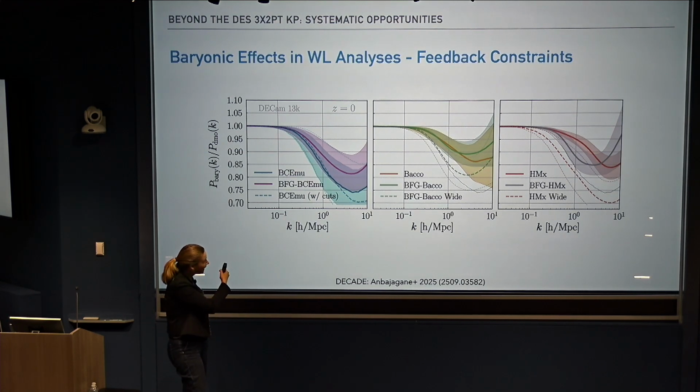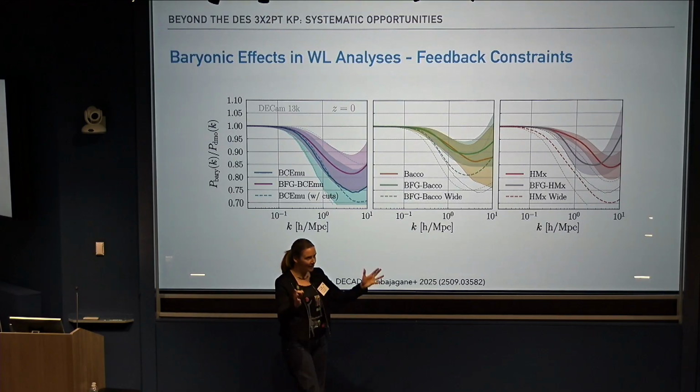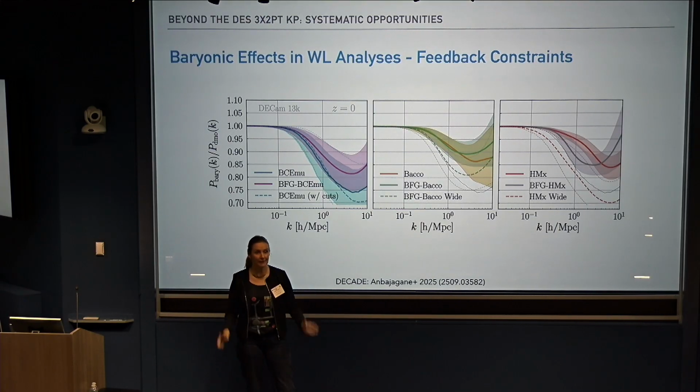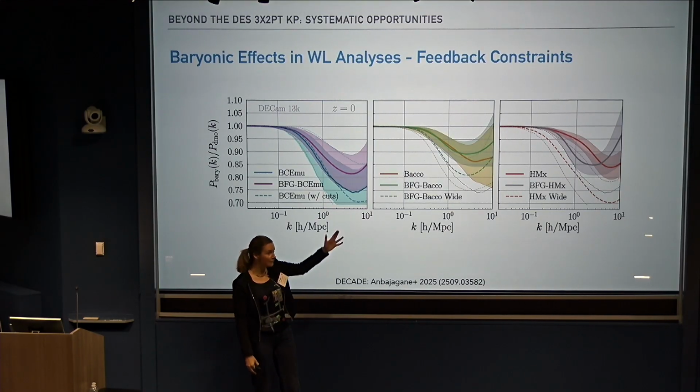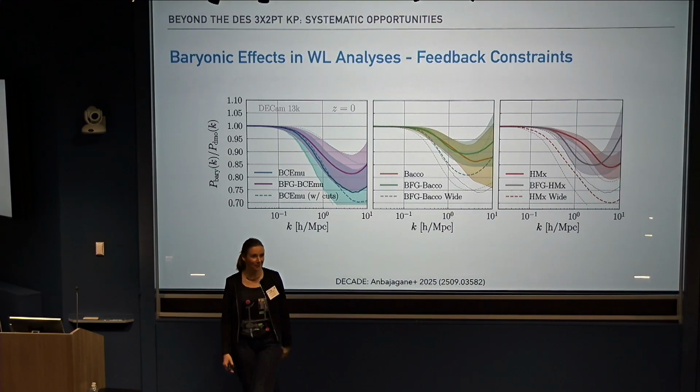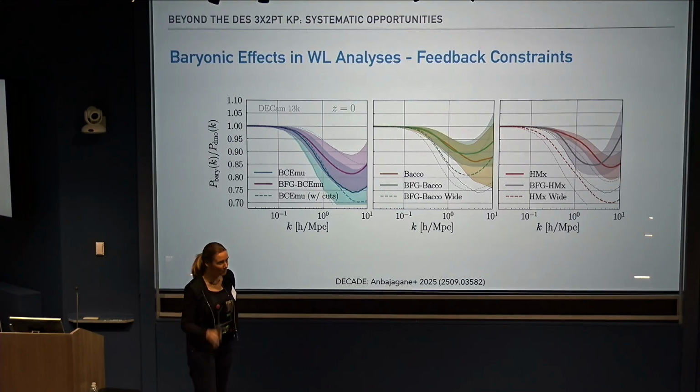The main thing I want to highlight, though, is that here we just have discrete models, which in the end would just result in different contours. So we end up with this family of constraints, which is rather unsatisfactory. So figuring out really how to marginalize over these different parameterizations will be important to, in the end, arrive at one set of constraints with error bars that incorporate this systematic uncertainty from different parameterizations.